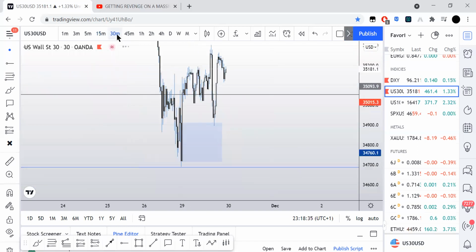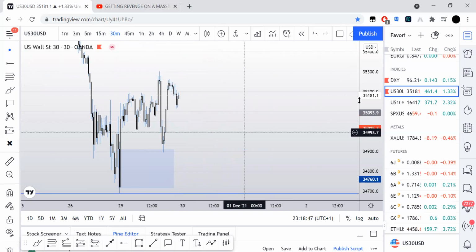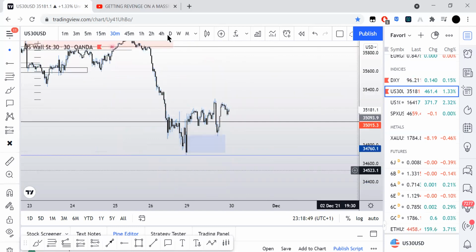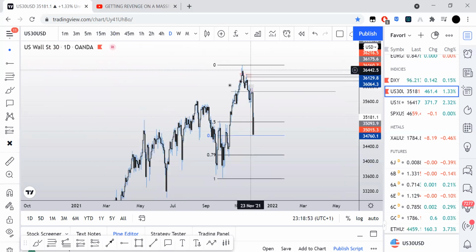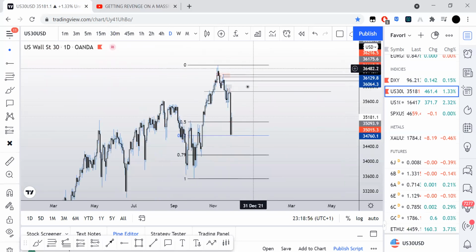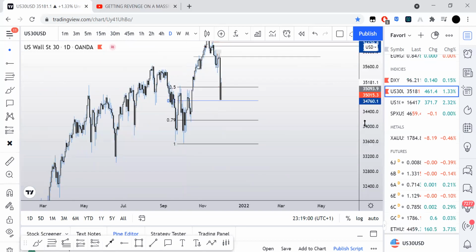If we break above here, then I'll be looking at this bullish order block. Depending on what we do, we'll see, and then maybe possibly get up and make new highs.